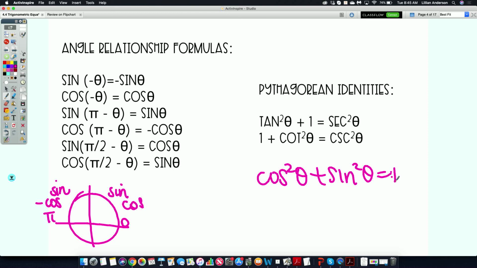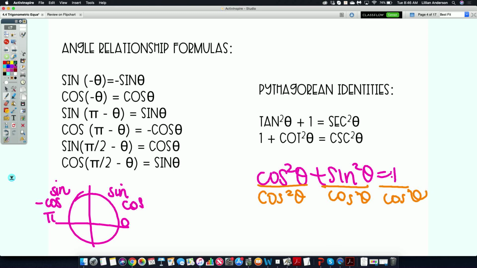These other two are derived from this very first one. If I were to divide every single term by cosine squared theta, what's cosine squared theta divided by cosine squared theta? 1. What's sine squared theta over cosine squared theta? Tangent squared theta. And then what's 1 over cosine squared theta? Secant squared theta. And that's how you get the next Pythagorean identity that you see on the board.